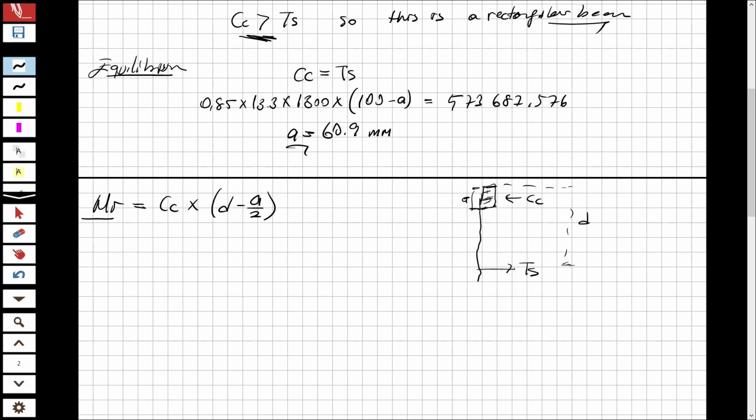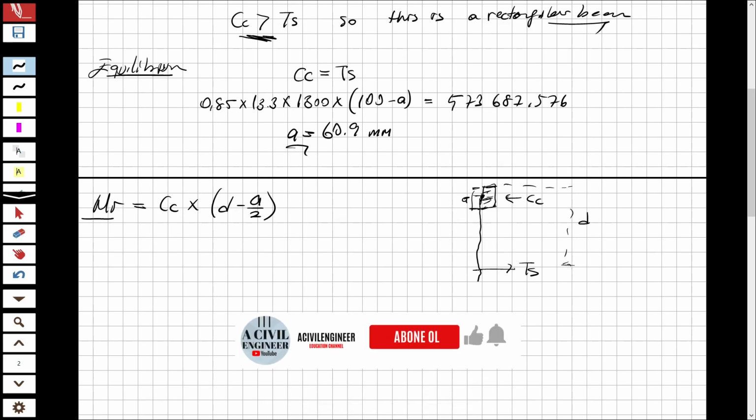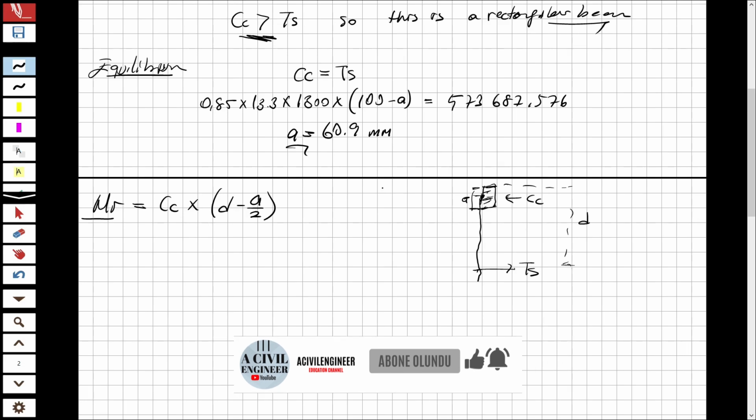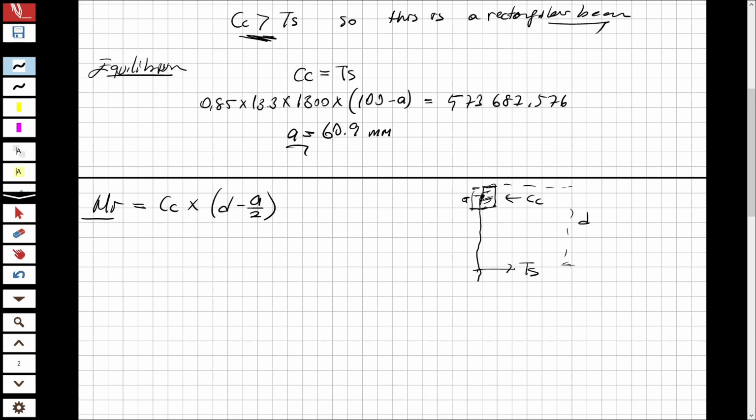It's going to act at the midpoint of this concrete block, and from that midpoint, when we take the moment with respect to the tension steel point, we are going to subtract A over 2, this half part, from the D. We are going to subtract it from the D, and this comes from there actually.